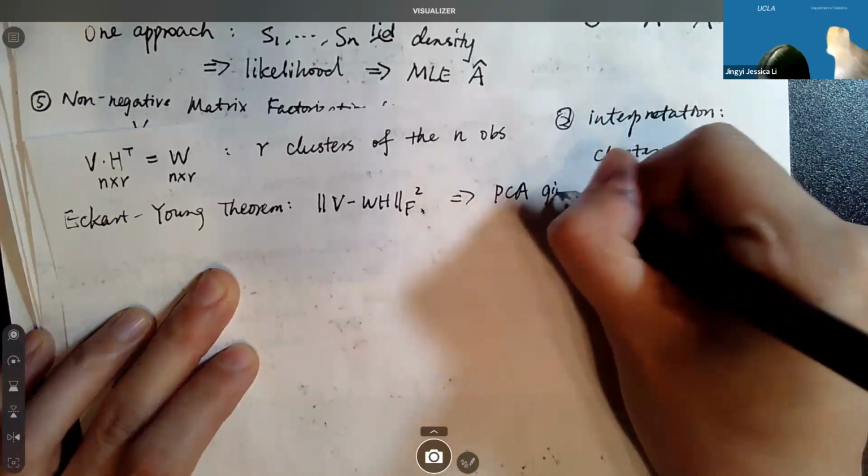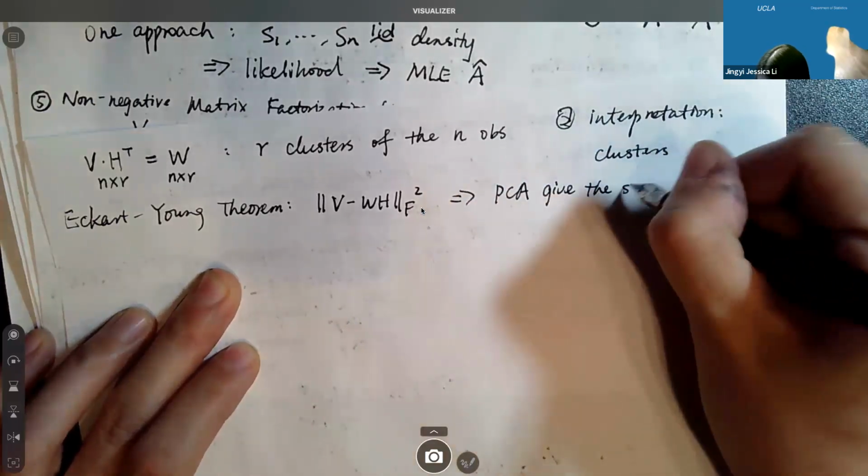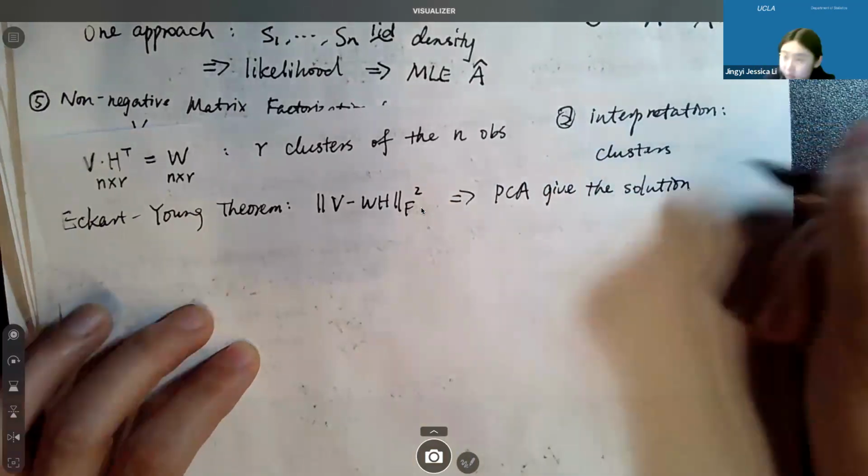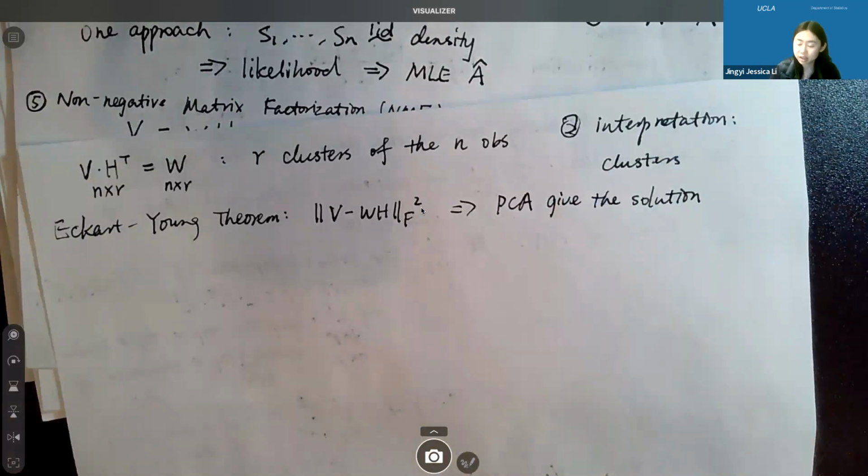PCA gives you the minimum reconstruction error. And this result guarantees that if you just want to preserve the original matrix as much as possible without worrying about interpretability or sparsity, PCA is the way to go.